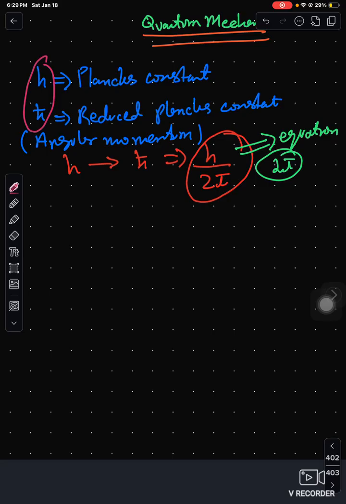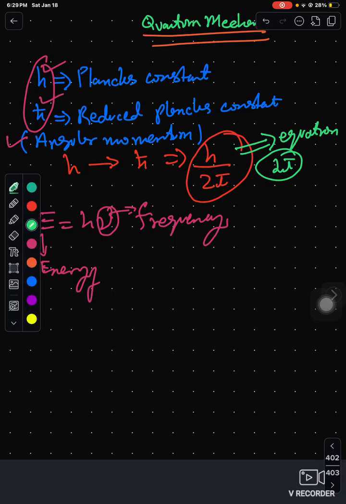So the equations which include h and h bar are E equals h times frequency. This is frequency, and this is h bar as we have. This is energy.